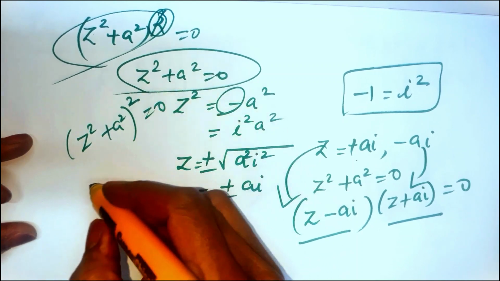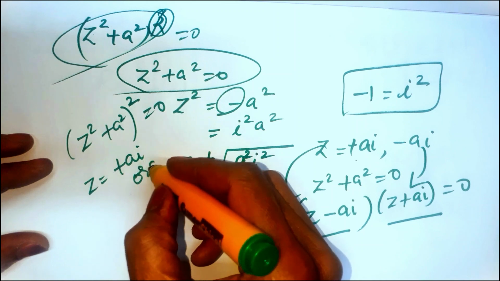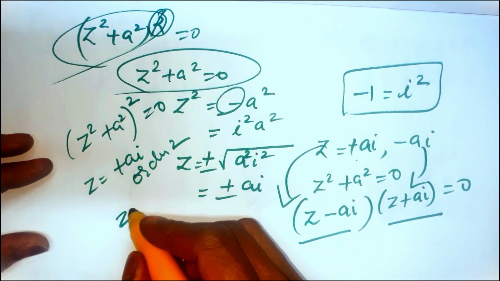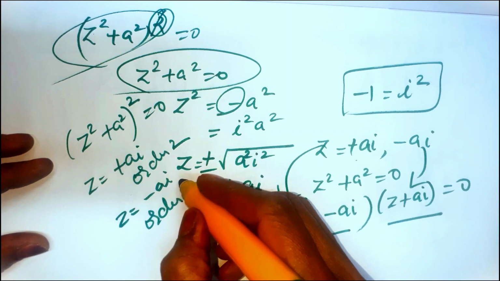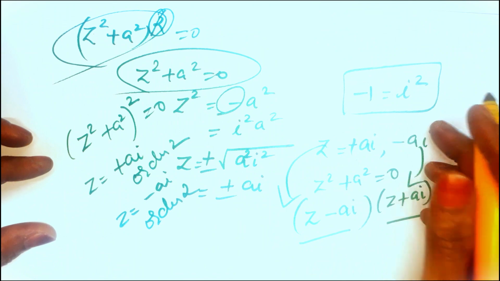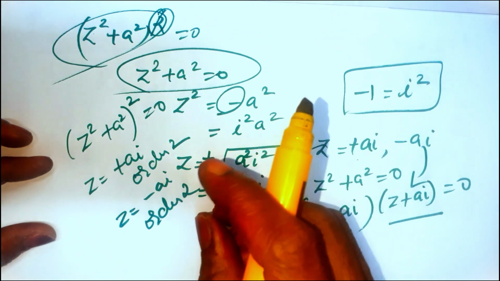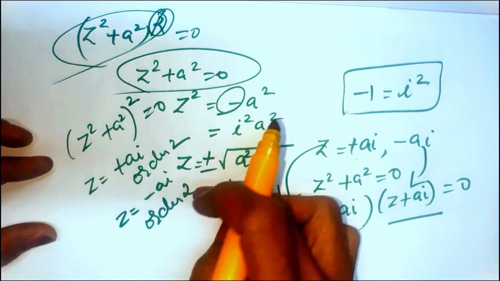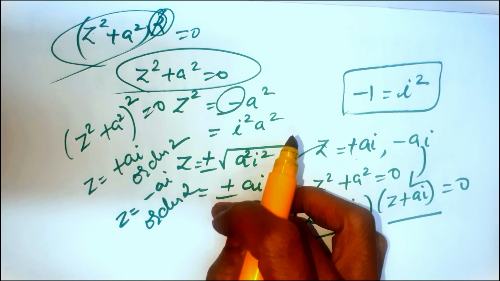So z equal to plus ai is a pole of order 2, and z equal to minus ai is also a pole of order 2. This is the procedure for finding the poles. Here in the problem they are particularly asking at z equal to ai. If it is not asked, we have to find both the residues at these two poles. But here it is not the case.